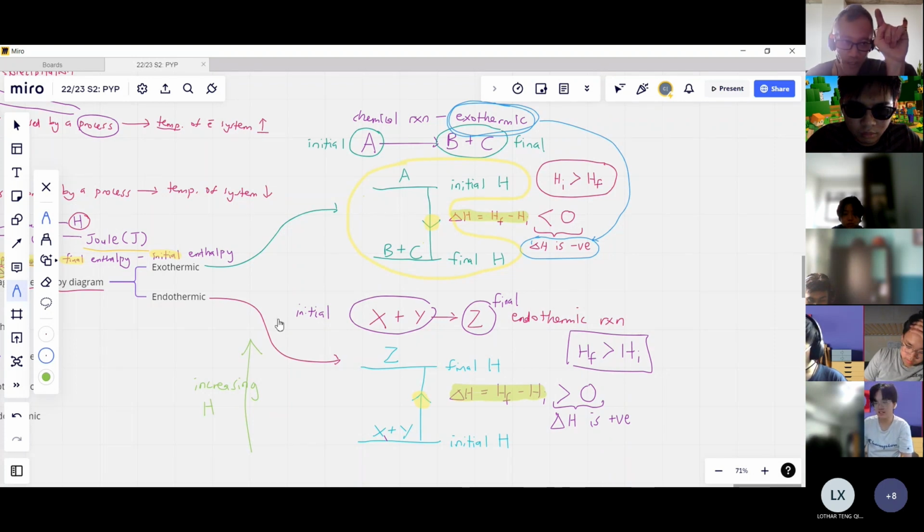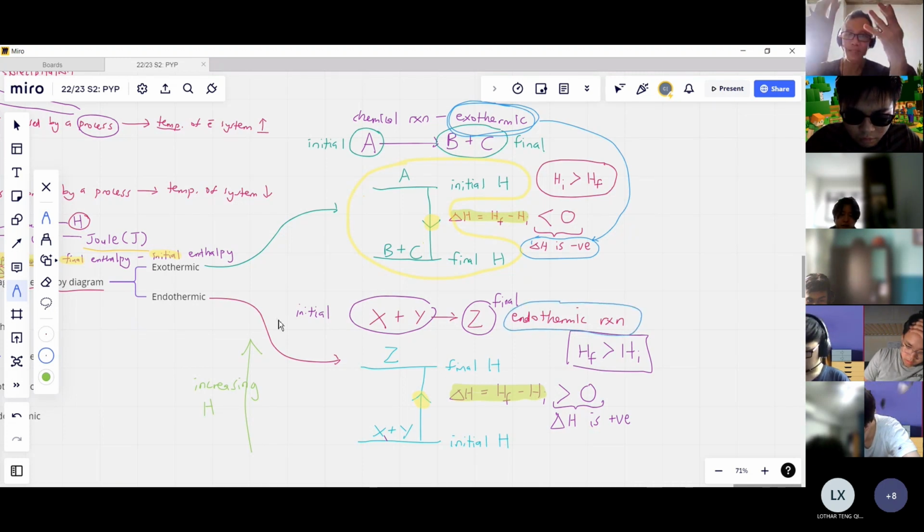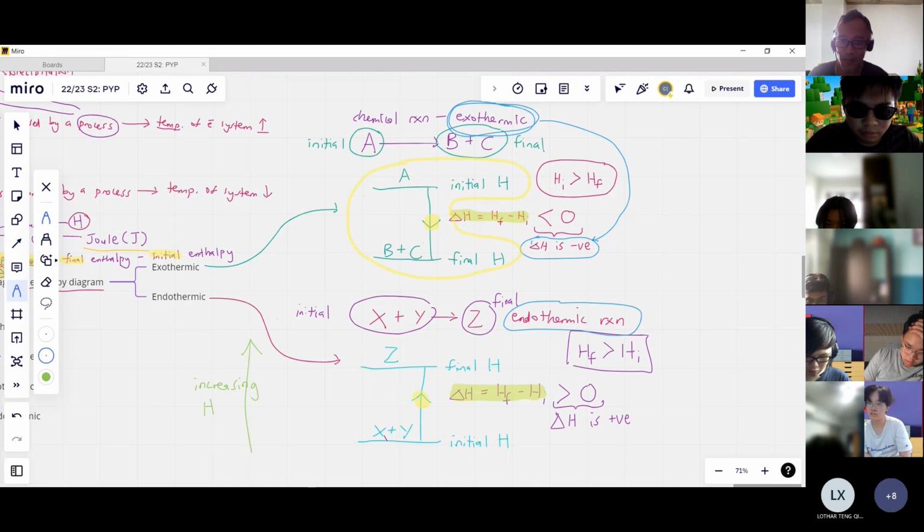And that brings us to the moral of the story. For an endothermic reaction, meaning heat is absorbed from the surroundings, so temperature is dropping in the whole system, that implies that delta H is positive.